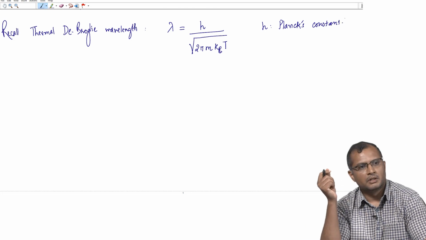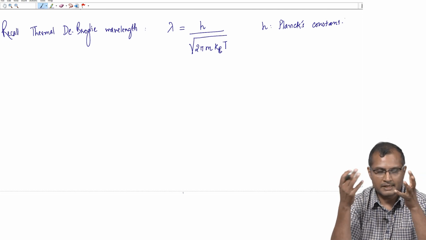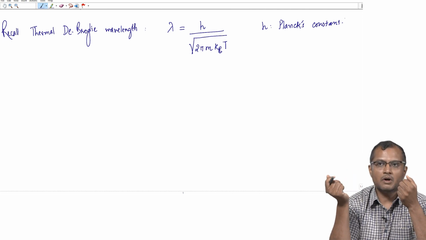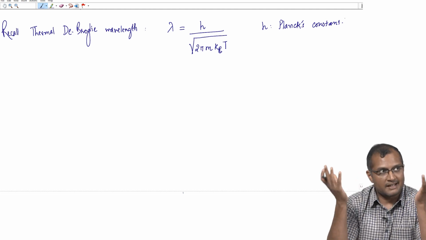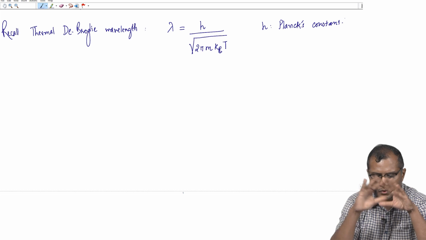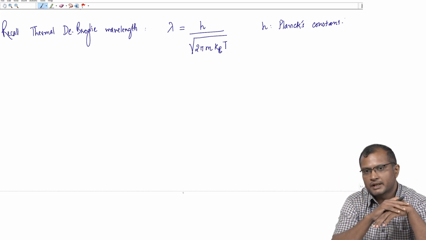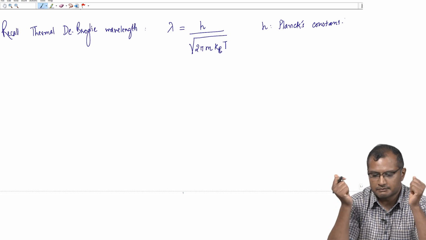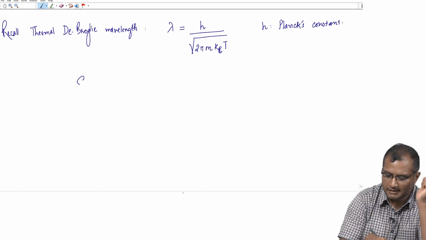Okay. Now, I had said that every system that you study, let us say n particles in a box, or electrons in a metal, or gas in this room, you have a certain container or a certain box where your particles exist. So, I know that my system has a density.